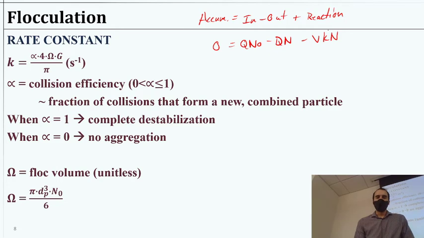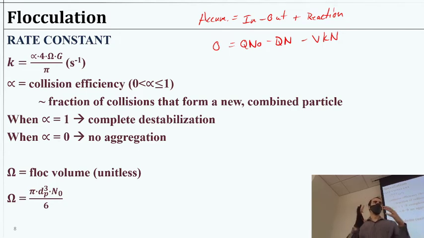So we need to know this K, because if we know K, the only other things here are Q, which is pretty simple, volume, pretty simple, and then the number. That number is going to give us information about how big the particles are going to be, and if we can learn something about the size of the new particles, then we know how quickly they're going to settle. All of this really aims at understanding: are these particles going to be sufficiently large to settle in our sedimentation process like we want?